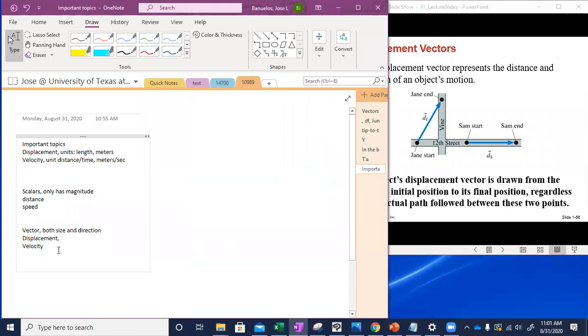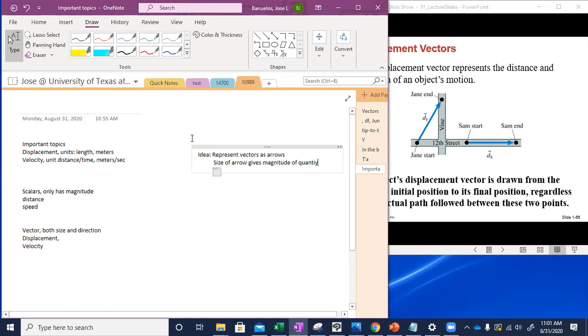It turns out that with vectors, we're going to represent vectors as arrows. There are some important things about the arrows: the size of the arrow gives you the magnitude of the quantity.